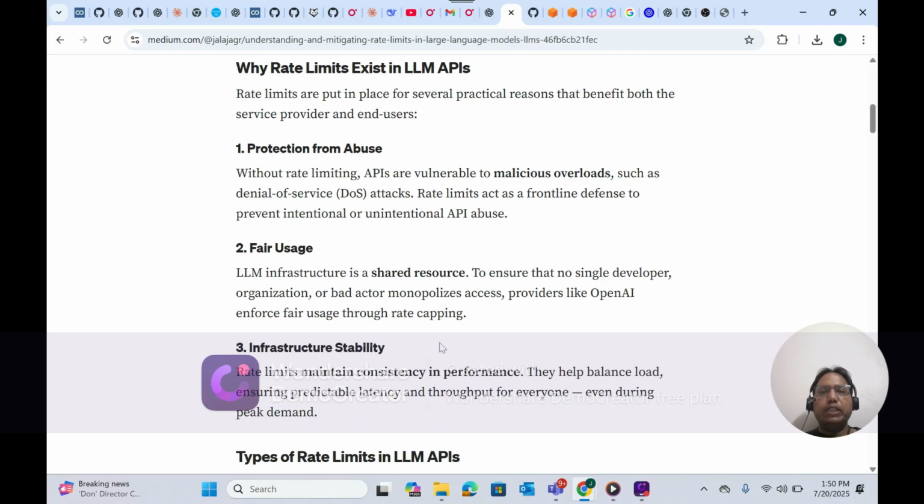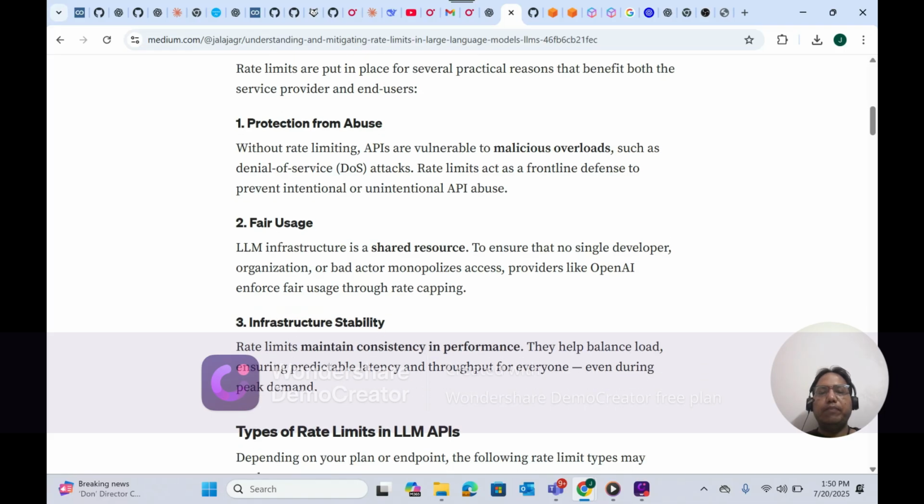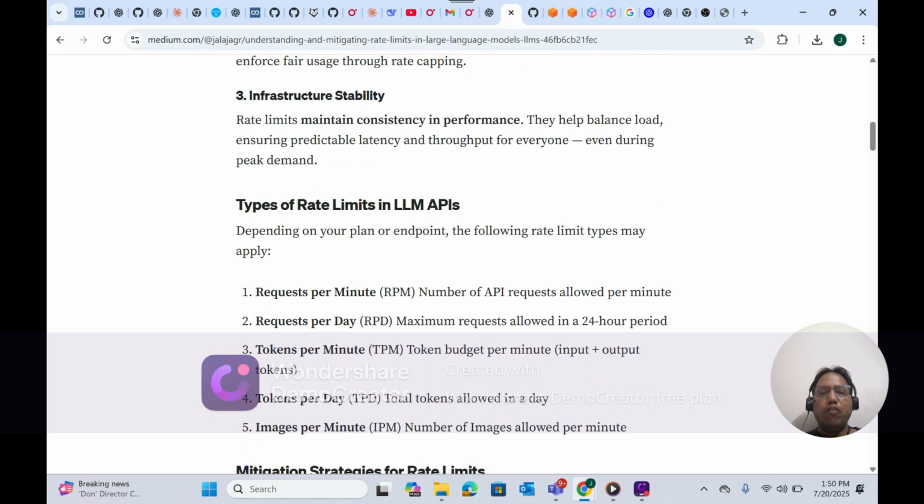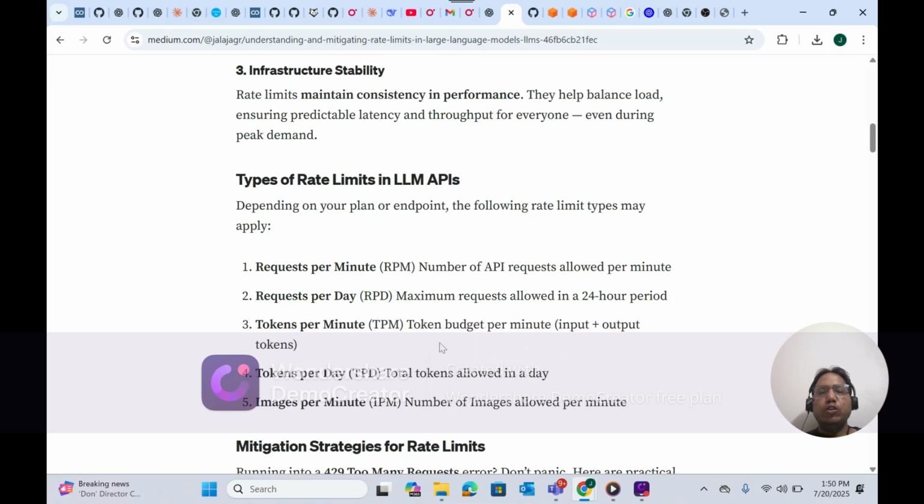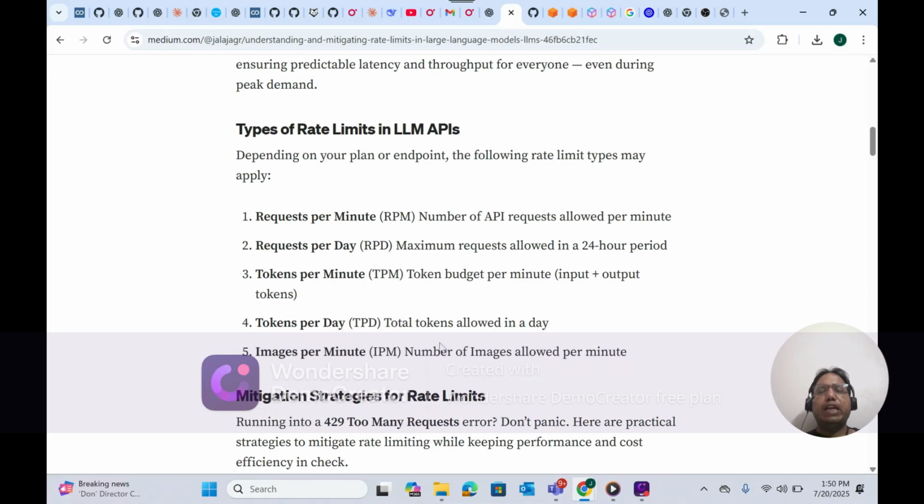So now we have discussed why all the foundation model companies have put that rate limit. Now we are going to discuss how they calculate the rate limit. Generally they calculate it on the basis of requests per minute. Every model and every company has a different rate limit for the per-minute calculation of requests. In a similar way they calculate requests per day.